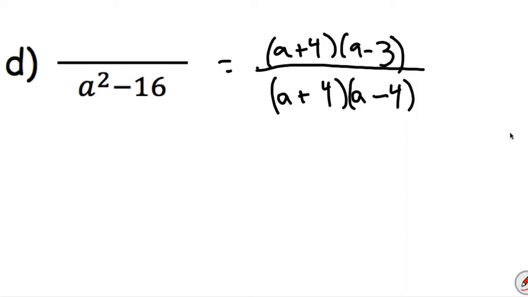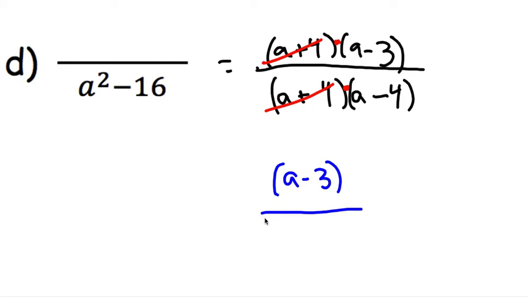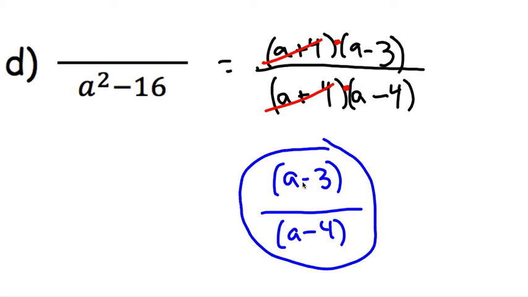Now we're ready to cancel some stuff out. This is where the multiplication is happening. What can we cancel? A plus 4 is exactly the same in the numerator and denominator, so cancel those out. I'm left with a final answer of a minus 3 up top, and on the denominator, a minus 4. And again, remember what I said before, the parentheses around this are not necessary.